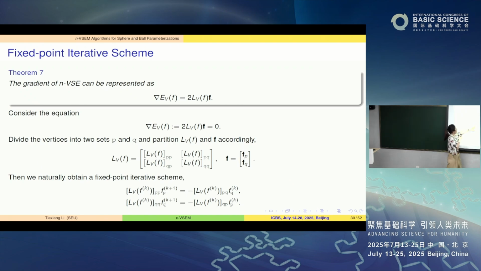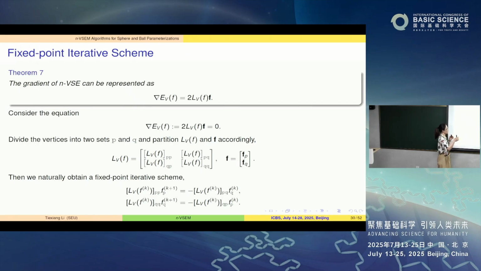When we consider this equation, the gradient is equal to 0, and we divide all the vertices into two sets, P and Q, and then we can partition the Laplacian matrix LV into 4 parts.